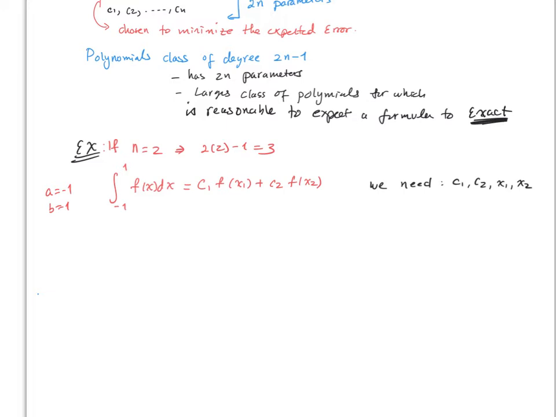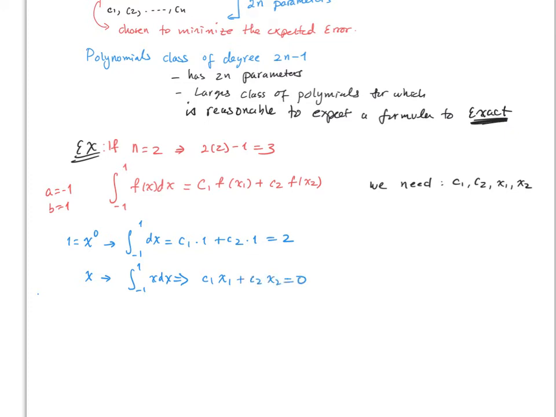Now, if we go with the definition of exact, which you had to do in the test. For x to the 0, which is equal to 1, we have the following: the integral from minus 1 to 1 of dx implies that c1 times 1 plus c2 times 1 should equal 2. Now, if we pick x, then the integral from minus 1 to 1 of x dx implies that c1 x1 plus c2 x2 will be equal to 0.